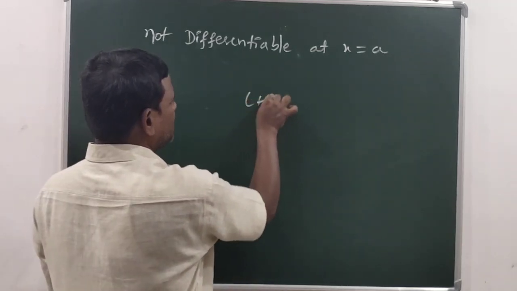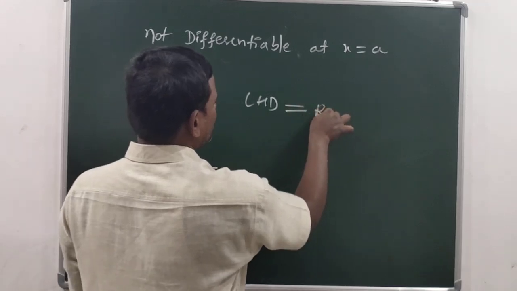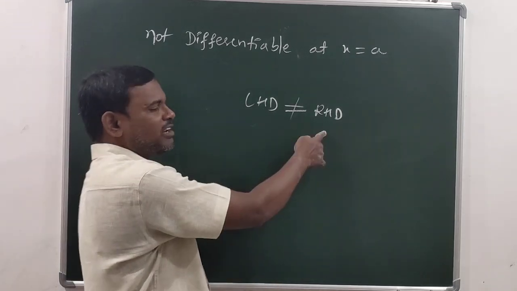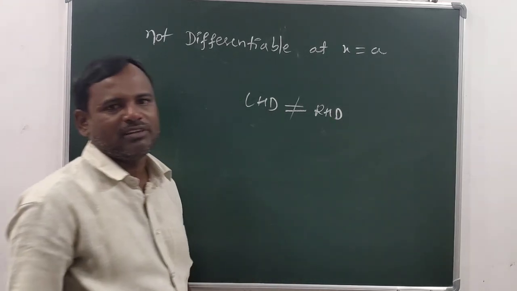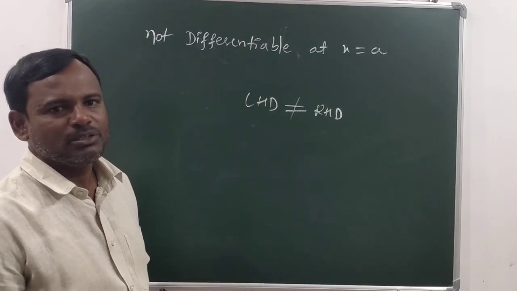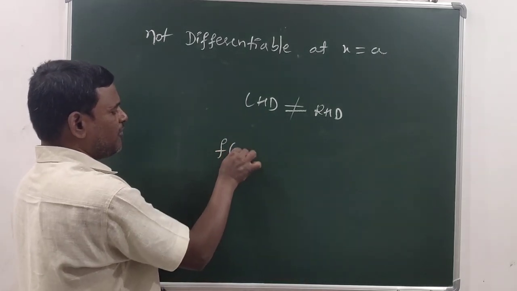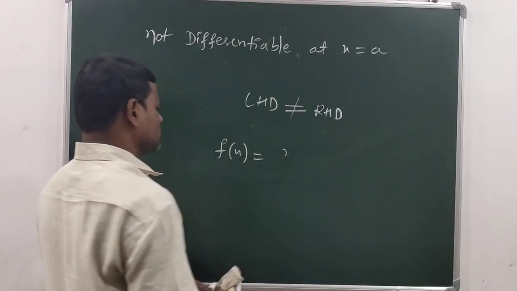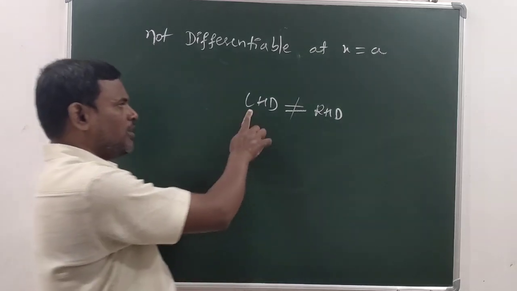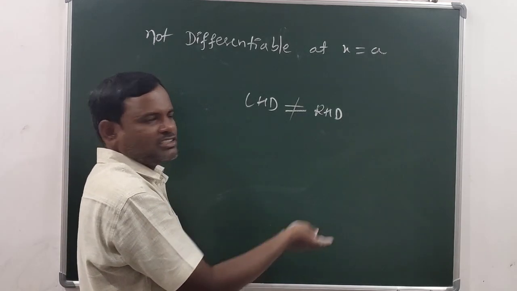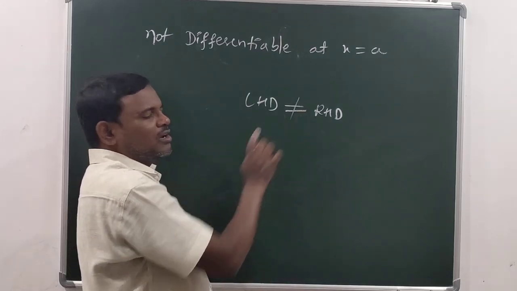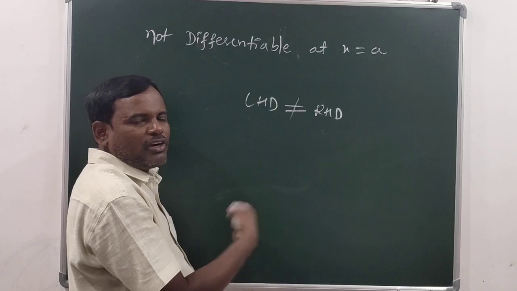So now find the LHD and RHD. Both may not be equal. Both will give a finite result, but both may not be equal. In this case also, that function is not differentiable. Since LHD is not equal to RHD, what do you have to comment?